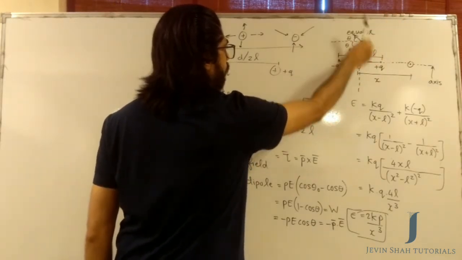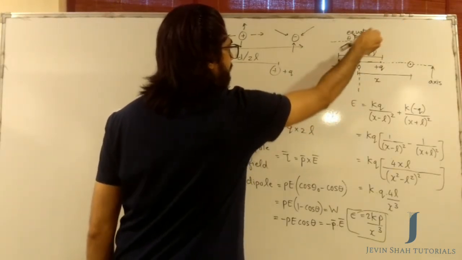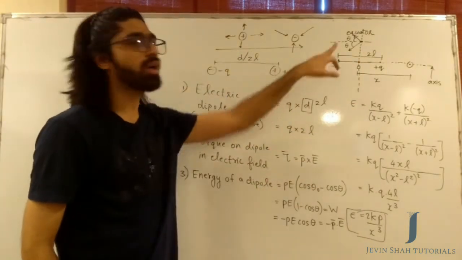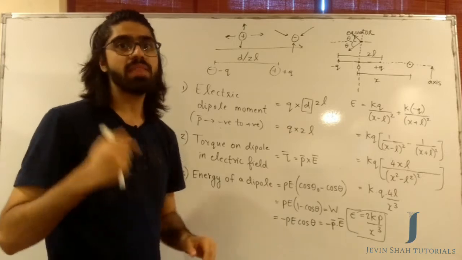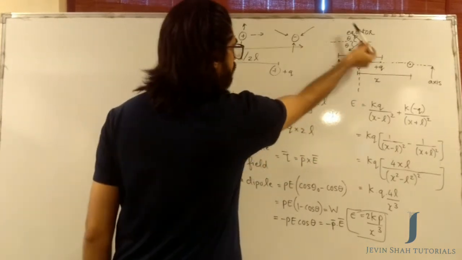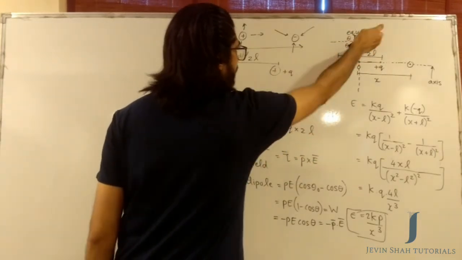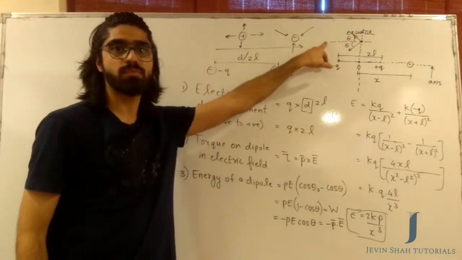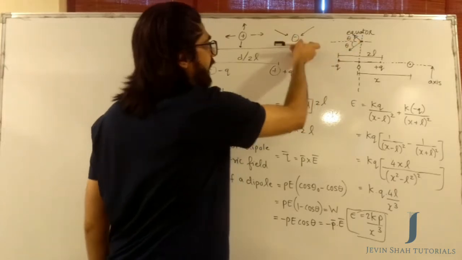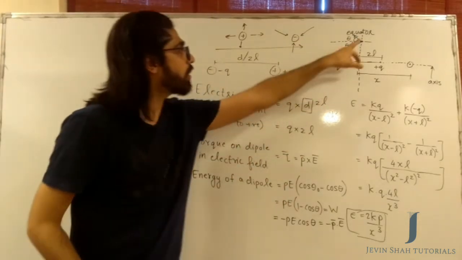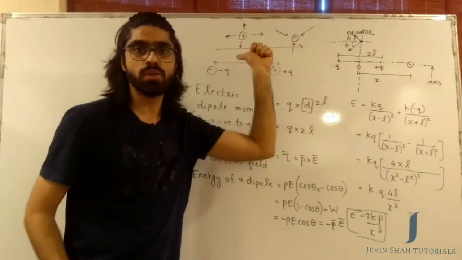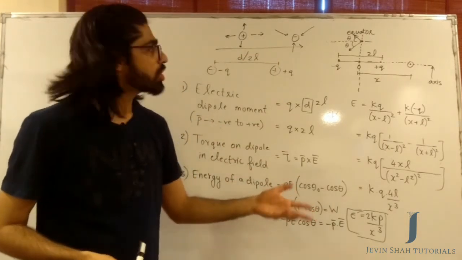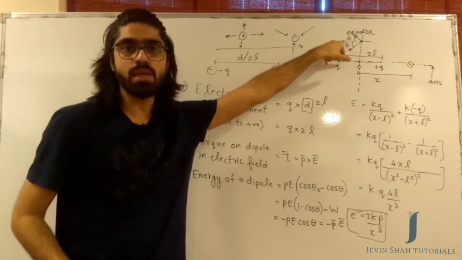The component of this going up is m sine theta and the component of this going down is also m sine theta. So the vertical components are cancelling out each other, and the horizontal component of this will be m cos theta and the horizontal component of this will also be m cos theta. So the horizontal components are getting added and that is why electric field on the equator will be in this direction. That resultant electric field will be 2m cos theta. So that is how you can find the electric field at the equator.